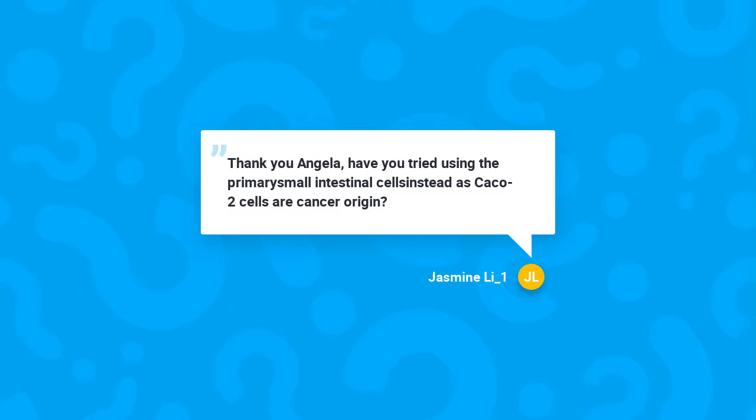No, we have not, because primary small intestinal cells, at least to my knowledge, I'm not sure at the moment whether there is anything commercially available which has been treated one way or another, but using primary cells isolated from intestinal tissue is not as straightforward and not as easy to do as with other tissues.